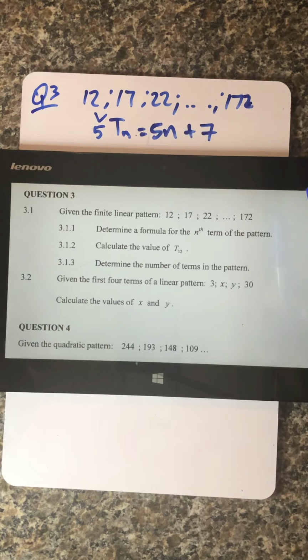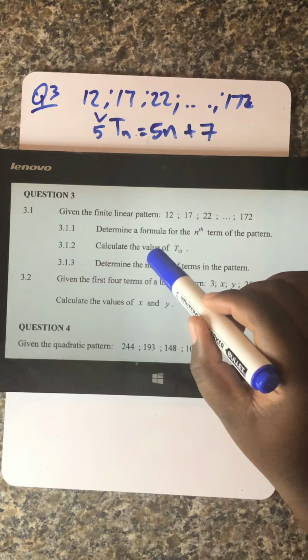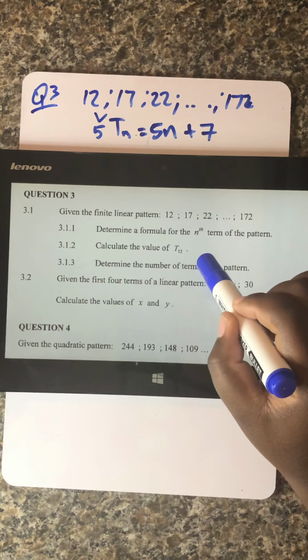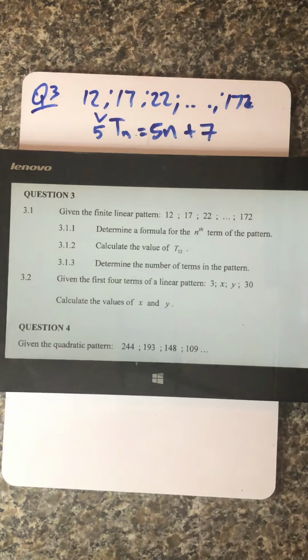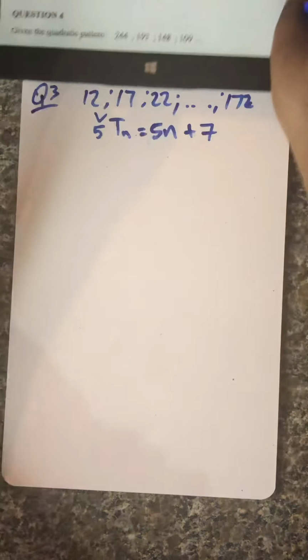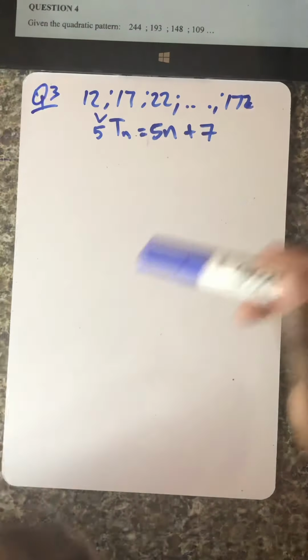They are saying determine the number of the terms in the pattern. Okay, ladies and gentlemen, very, very much important.